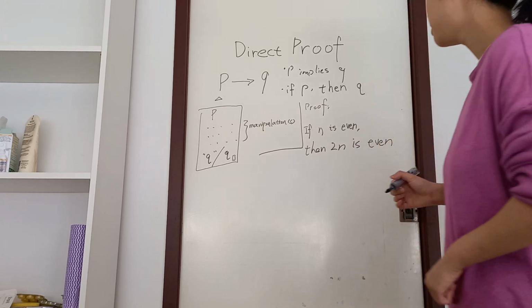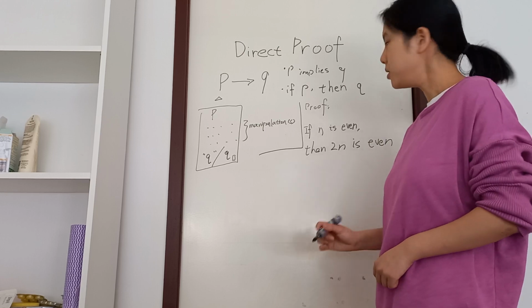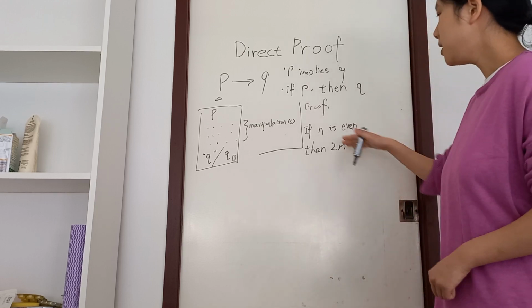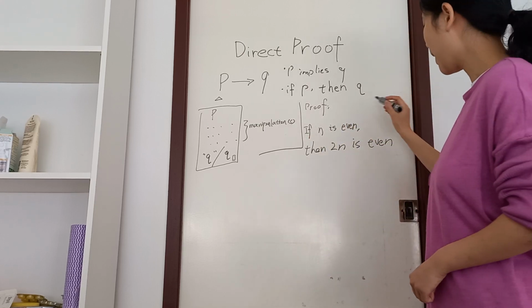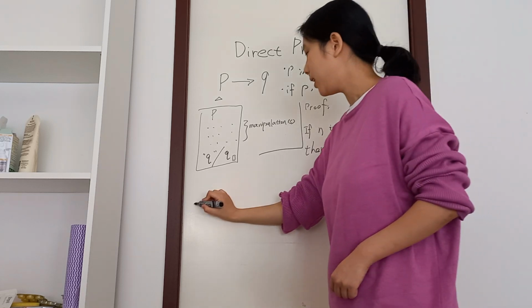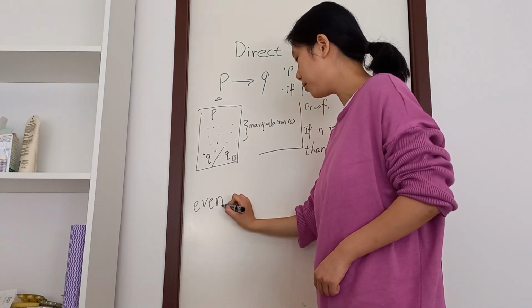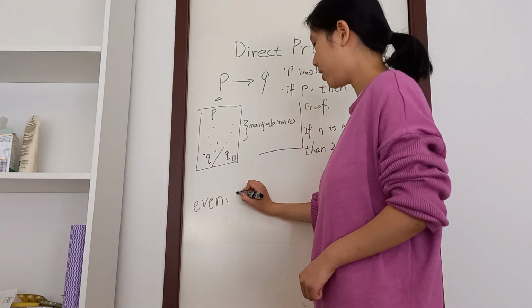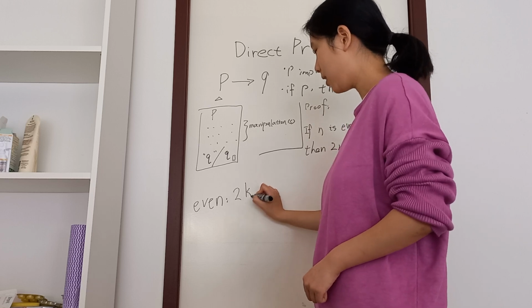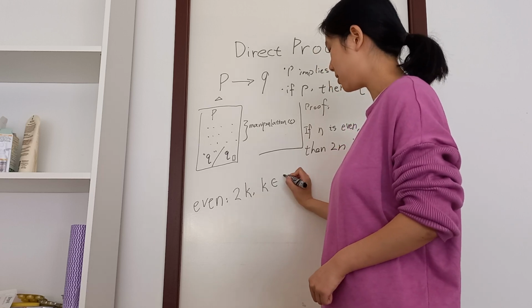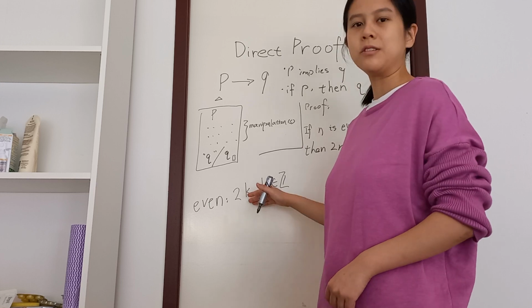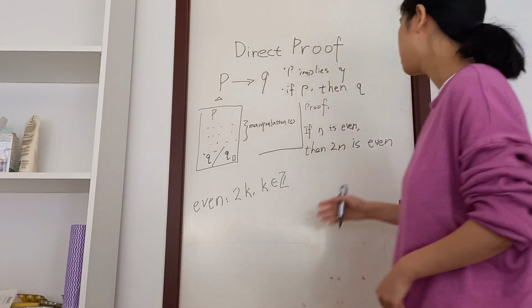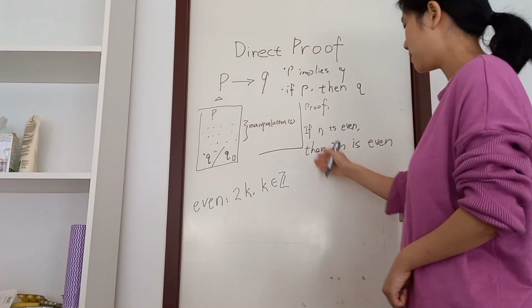Just a side note, how do we define even? We define an even number as 2k, where k is an integer. This will really help us start proving this statement.